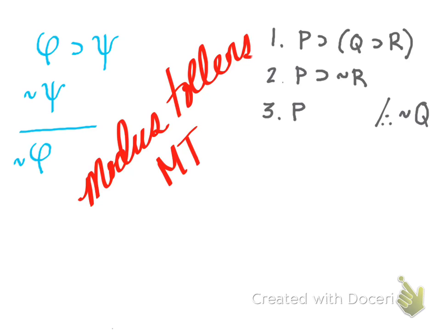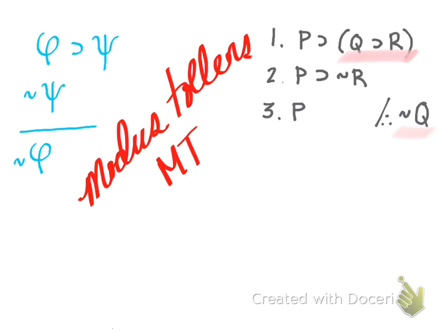The other approach I can take is look at what I want. I want not Q. Not Q is up here in this conditional. It's part of another conditional. And so I'm wondering, how could I get this whole conditional on its own line?